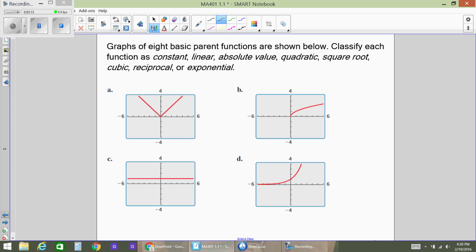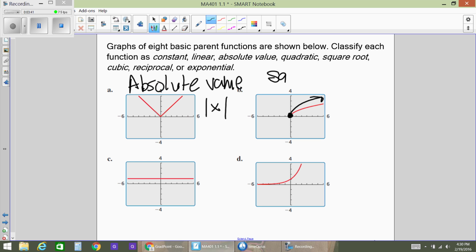Okay, moving on. We just want to be able to identify a graph quickly by its picture. So when you see a V-shaped graph, you want to be thinking of an absolute value, which would be the absolute value of x. Now, if you see a graph like this, where it starts at the origin and it goes off, you should be thinking square root, and we'll talk about why.